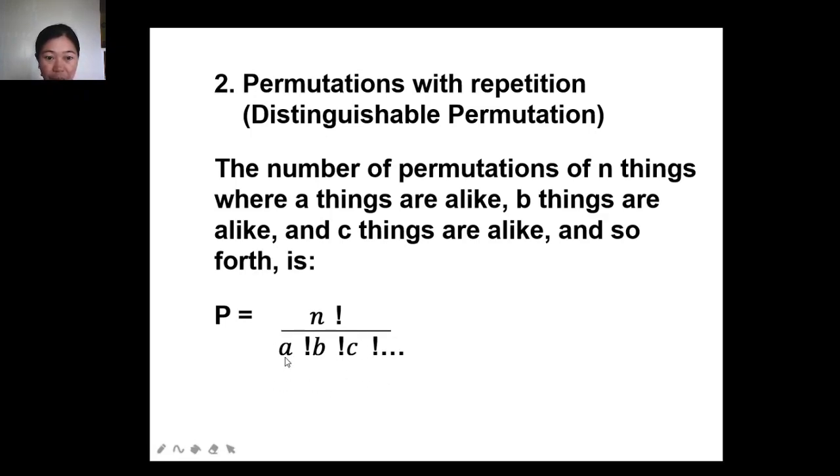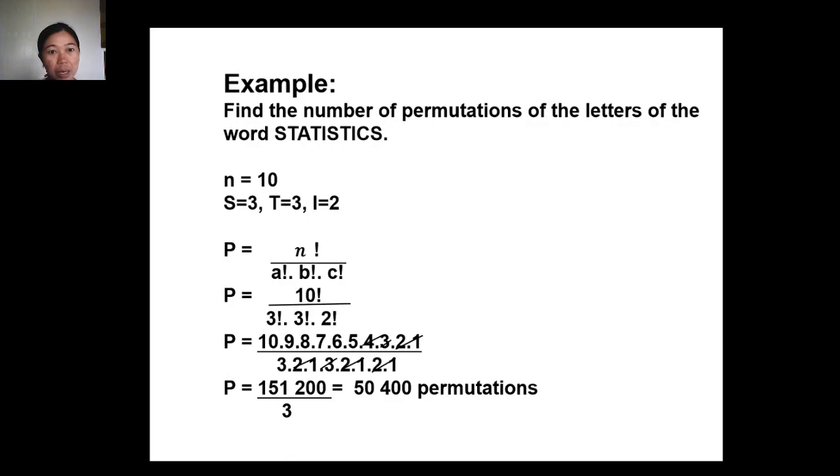Kung mayroon kang 4 na things na alike, so hanggang d factorial yan. Pero kung dalawa lang naman yung alike, so hanggang a factorial and b factorial ka lang. Kung isa lang naman yung mga things alike mo, so hanggang a factorial ka lang. So, para malinaw, bigyan natin ng example yung number 2. Ito yon.